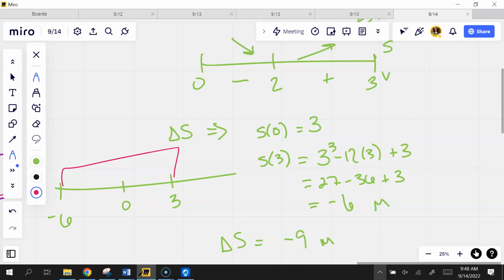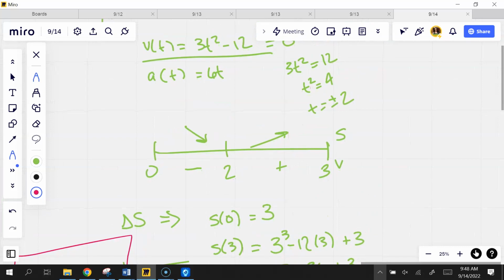Distance traveled, nah. Graphing, you can use your calculator. Speeding up, slowing down. So again, where is acceleration 0? Well, when does 6t equal 0? 0.